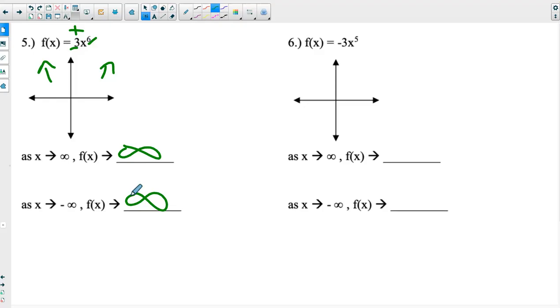This next one, now we got negative 3. So the number is just negative. Okay, so nothing crazy there. But sometimes I'll even cross it off and just put negative right there, because that's all I care about. I don't care about the 3. Even or odd? It's odd. So what's it doing?